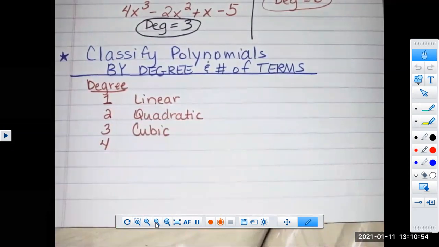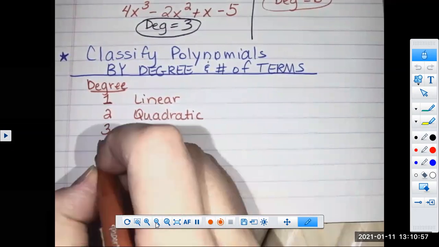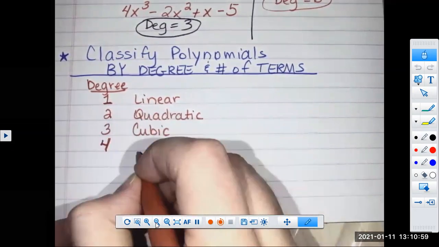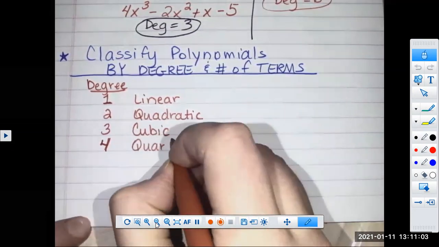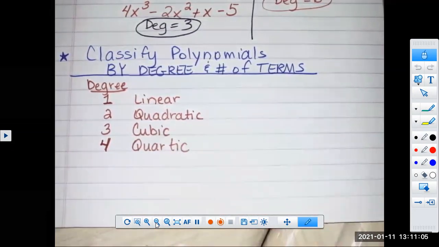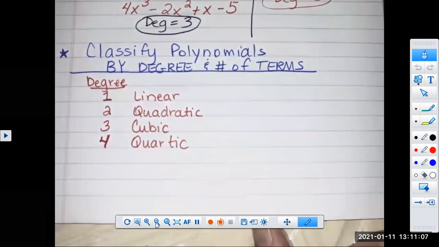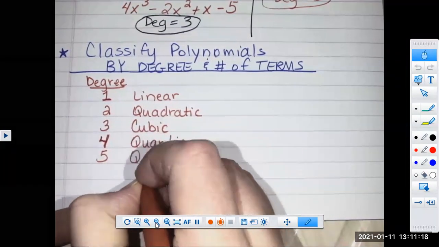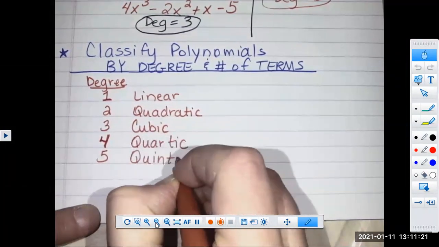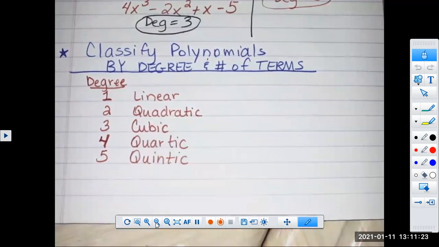Okay, 4. Quartic. People that have 5 kids all at one time, what do they call those? Quintic.